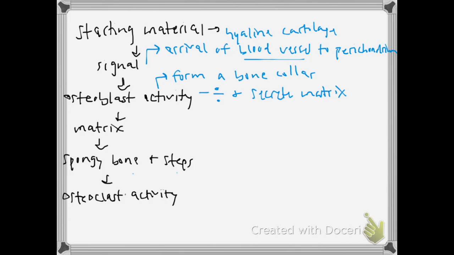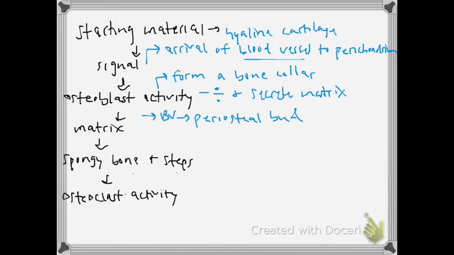Our matrix is hardening, with hydroxyapatite, this calcium phosphate salt, deposited. These blood vessels are following and infiltrating, and we'll give them a name: the periosteal bud.